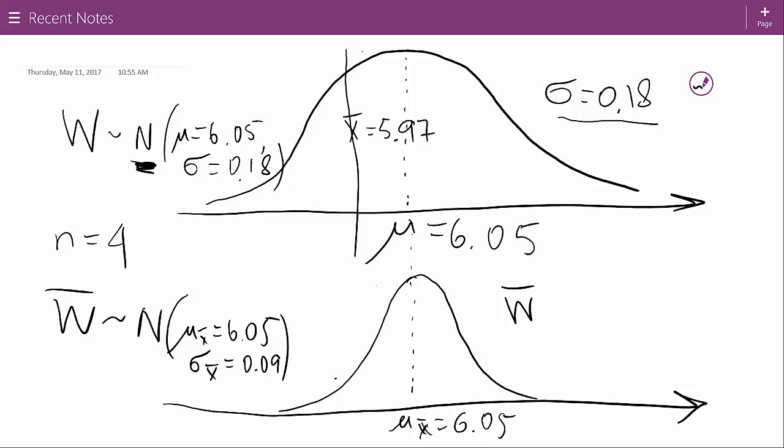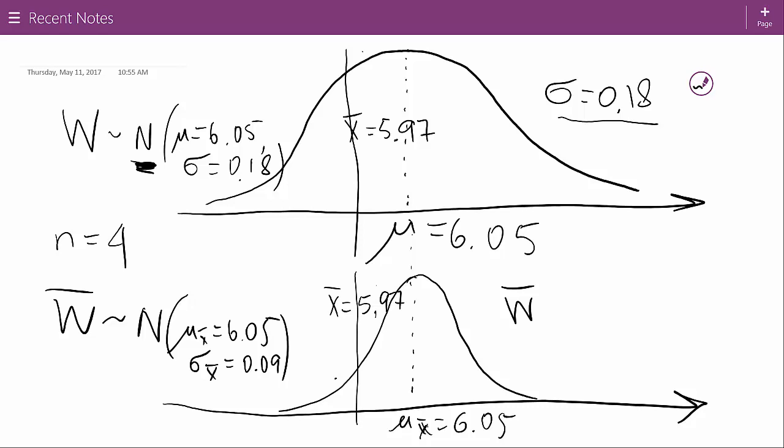And I'm just getting one sample, right? Just 4 cans. That's it. And the weight turns out to be right here. And that's my X bar. X bar equals 5.97. Okay. So here's what I can compute.